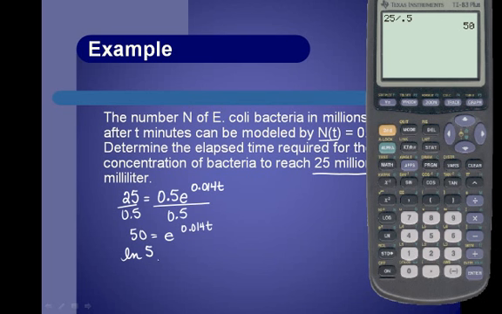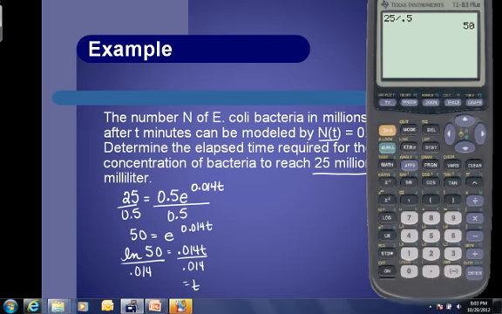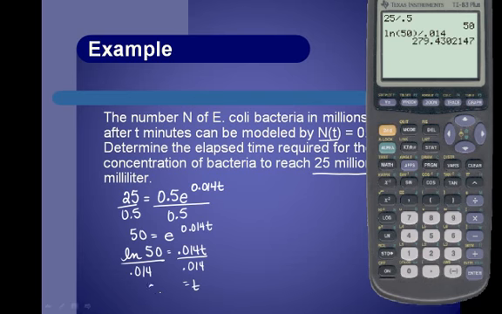So the natural log of 50 is equal to 0.014t. To get t by itself, we're going to divide both sides by 0.014. So t is equal to the natural log of 50 divided by 0.014, and that would give us a time of 279.4 minutes.